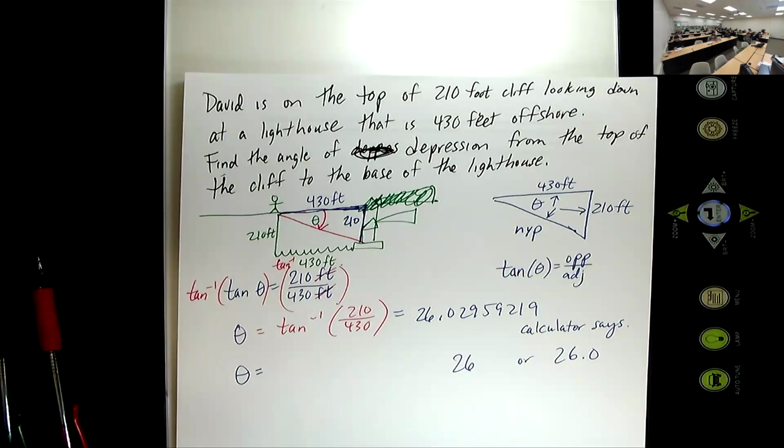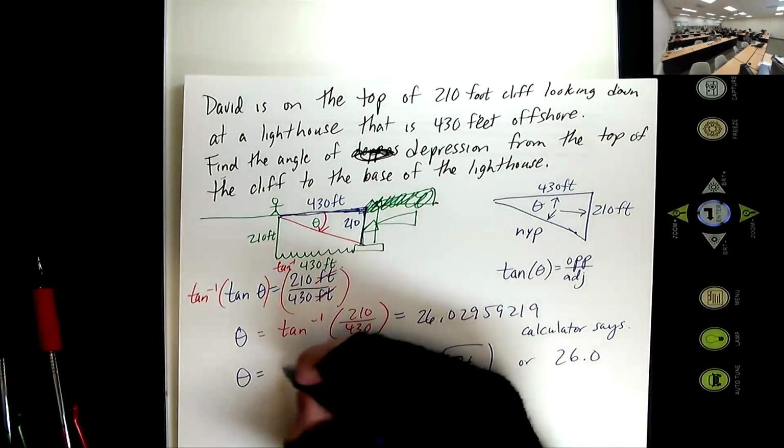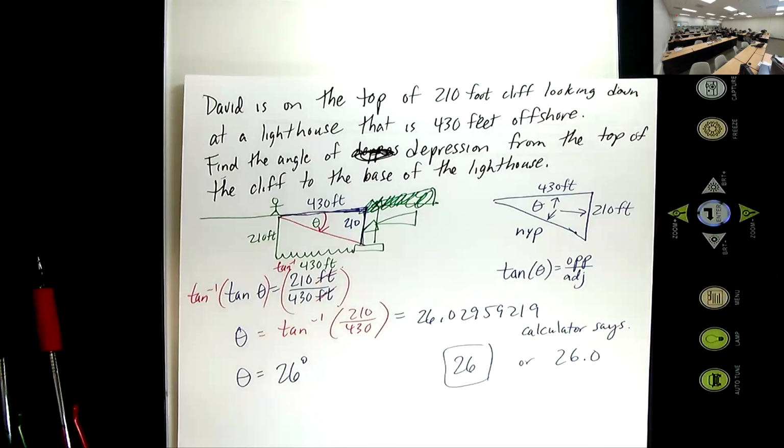How many significant digits did we start with? If it's a whole number, we generally don't count the zero at the end. It's a tricky one. We really wanna go with the 26.